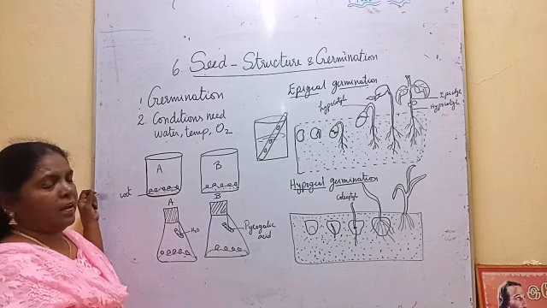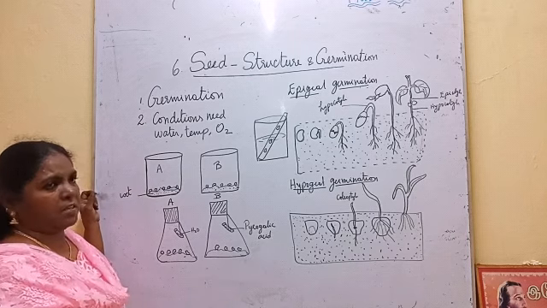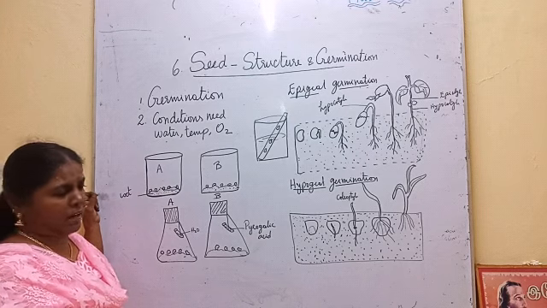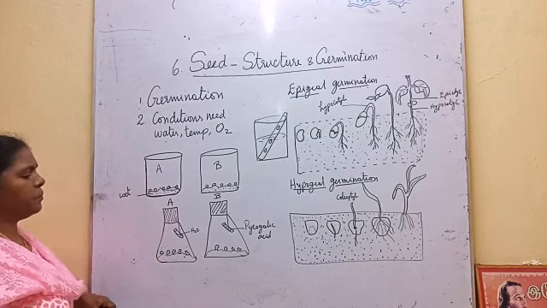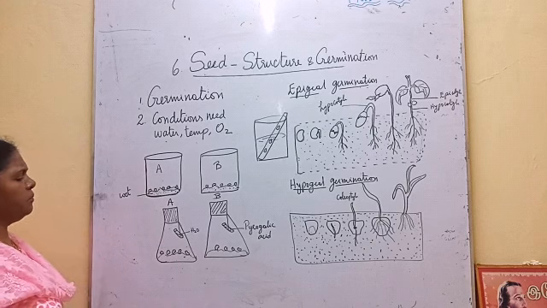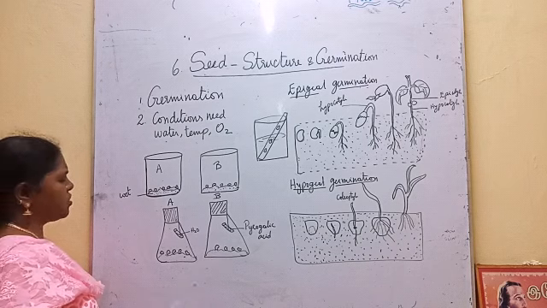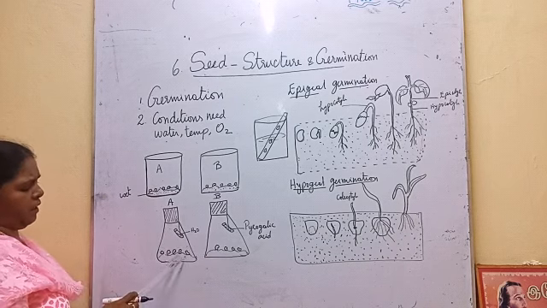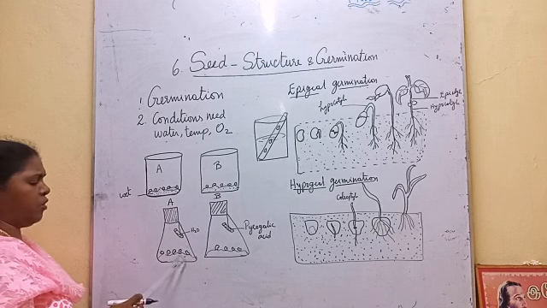pyrogallic acid. Pyrogallic acid has the capacity to absorb oxygen; it reacts with oxygen and utilizes it. Both are kept at room temperature. The cotton is wet, so it contains water, and both get water from the wet cotton.